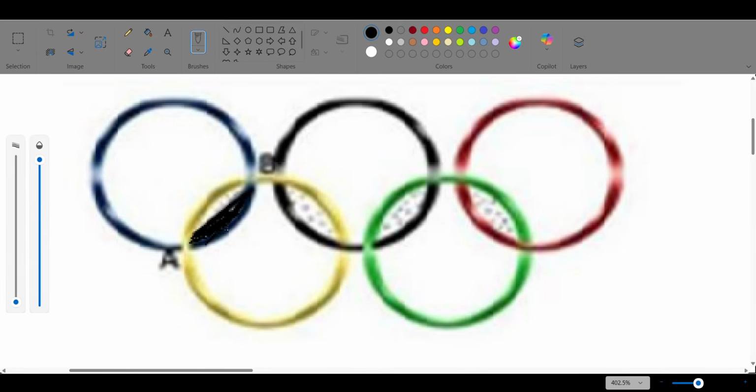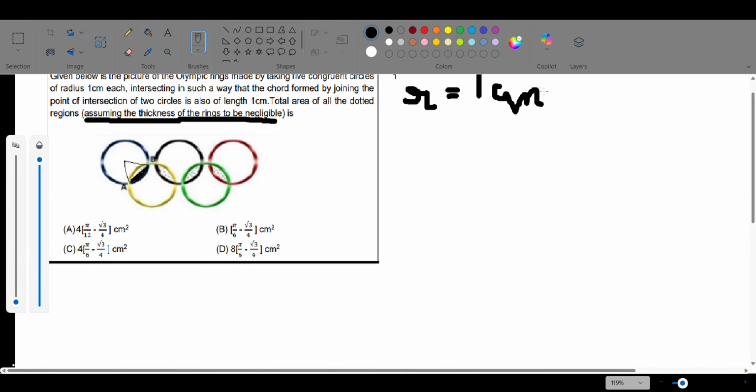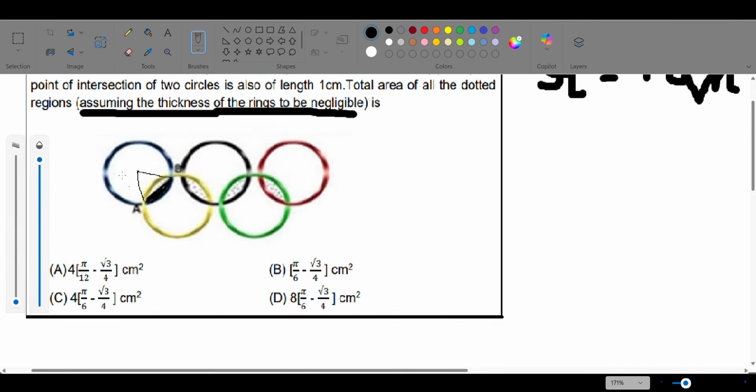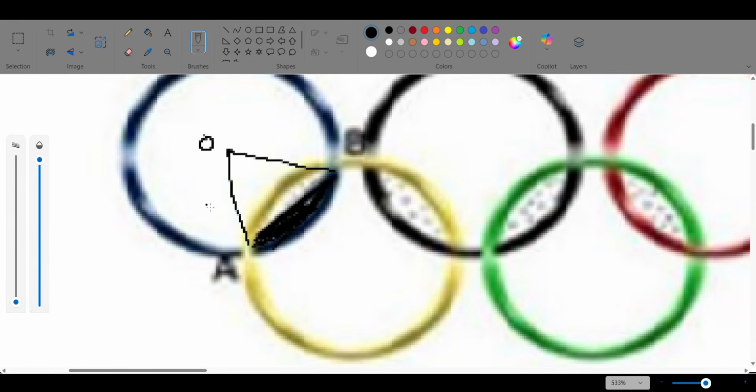How do you find that? We know this is the center of the circle, and this is the chord formed by it. They said that the radius is 1 centimeter and the chord length is also 1 centimeter. Basically, in this circle, let's say this is O. This is 1 centimeter, so the radius is also equal, and this one is also equal.